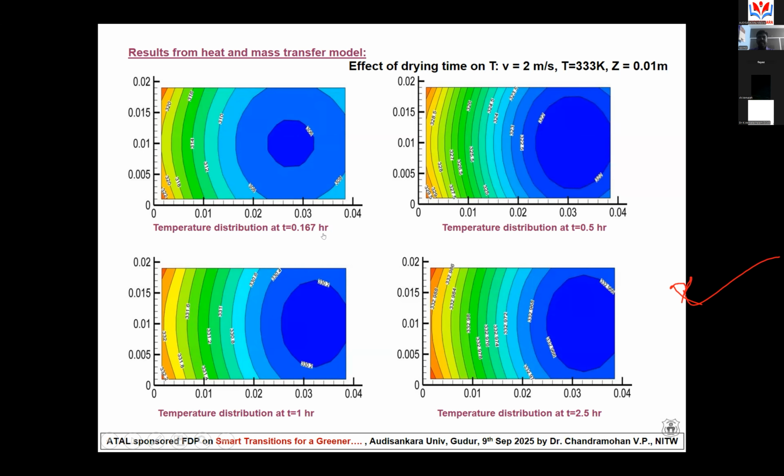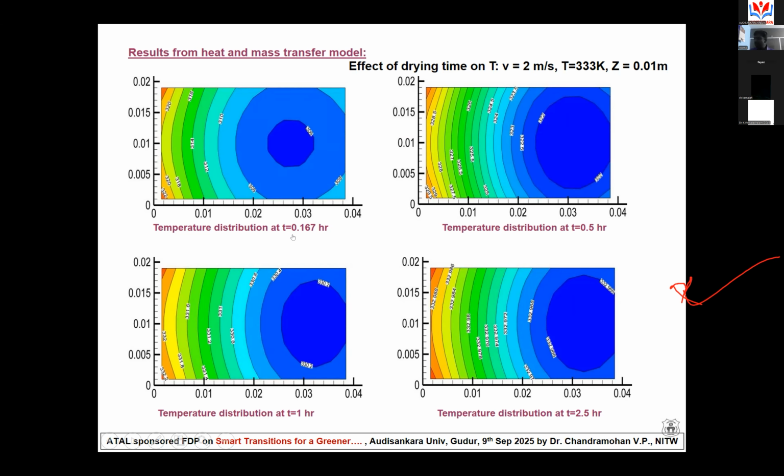0.167 hour means how much? I think it's 10 minutes.